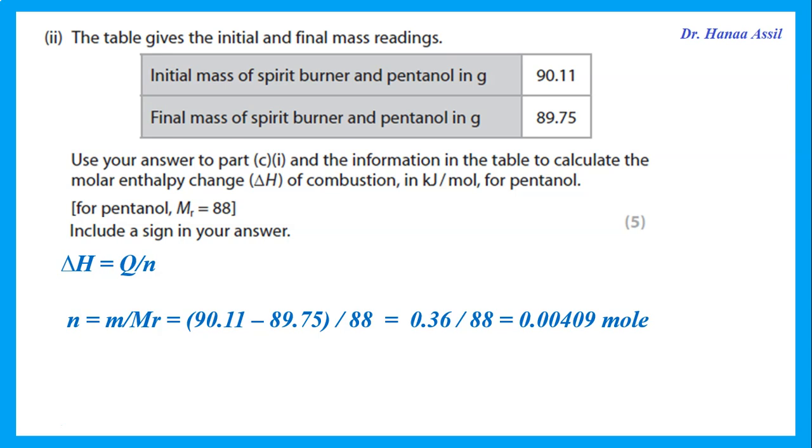Mass over molecular mass gives me the number of moles, which I can then put into the equation for delta H. And remember, when there is a temperature rise, and this is combustion, the fact that there is a temperature rise all tells you that this is an exothermic reaction, so the delta H must have a negative sign.